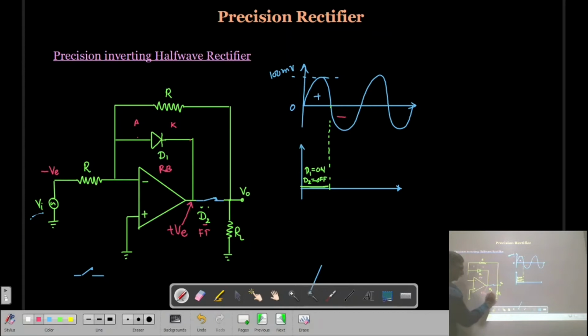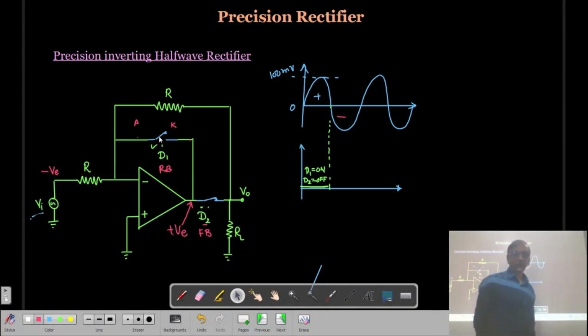This diode is in forward bias, and in reverse bias, this diode will work as an open switch. So now D1 is in reverse bias, D2 is in forward bias.